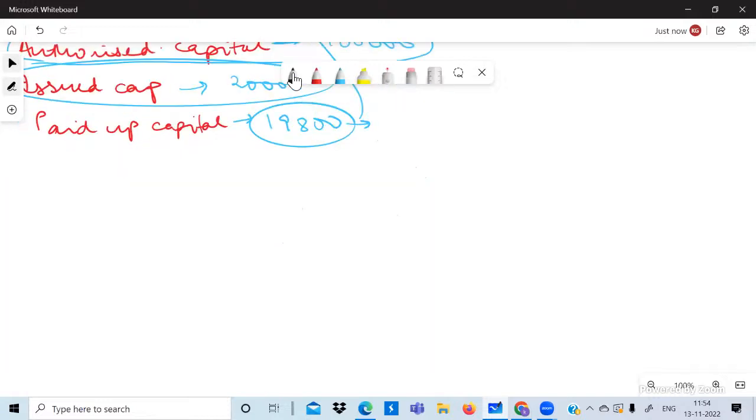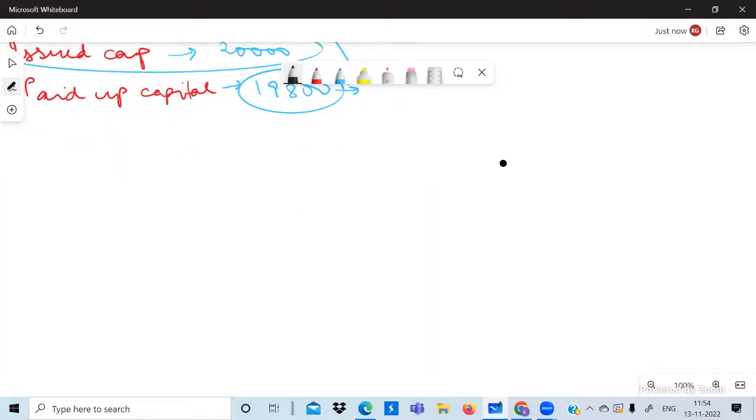Okay, fine. Then let's look at the liability part. How is authorized capital set? Again, the management will come together and decide. And it's not necessary that once you decide the authorized capital, you cannot change it. So let's say today you feel that 10,000 crores is more than enough, and this would be an upper limit, and this will be your authorized share capital. But over the next 20 years, you've grown to such an extent that you already have shares worth 9,900, and you feel that you will be issuing more shares.